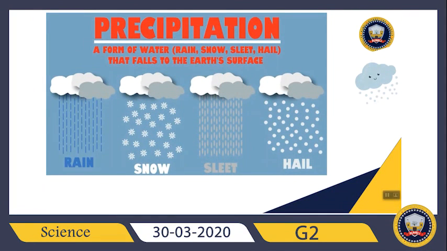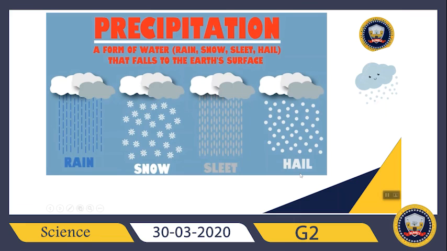Precipitation. We have here 4 kinds of water coming from the sky. The first one is rain. You see the rain? Just water. And we have snow. We have sleet, it's like water and ice together.